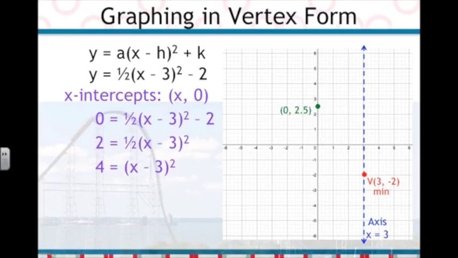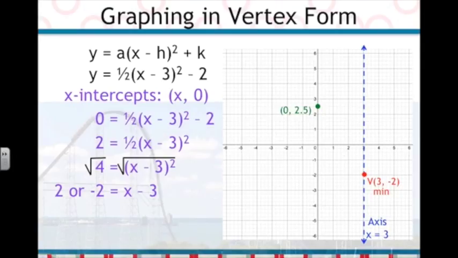Now that x minus 3 squared is all by itself, we're going to undo the square by square rooting both sides of the equation. When we square root the 4, we need to include both the positive and the negative square roots, 2 and negative 2, in order to get the two roots of the equation. Remember, every quadratic equation has two roots.